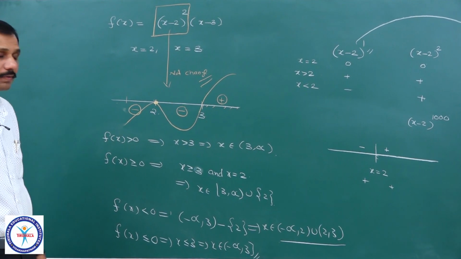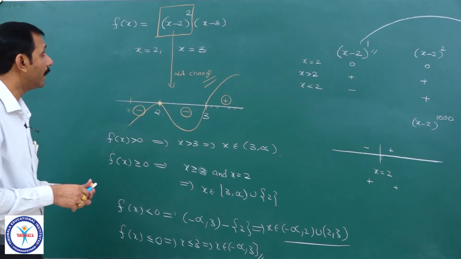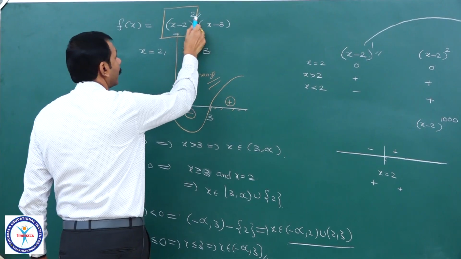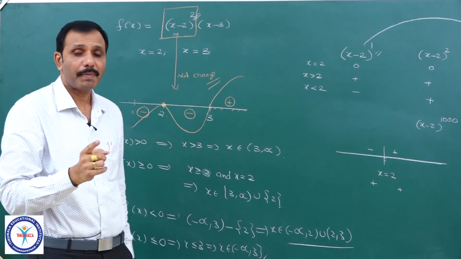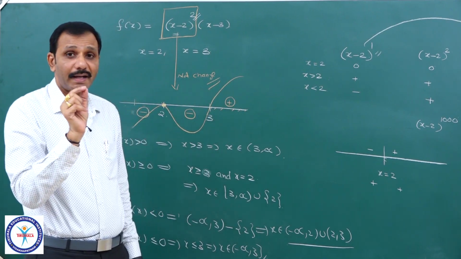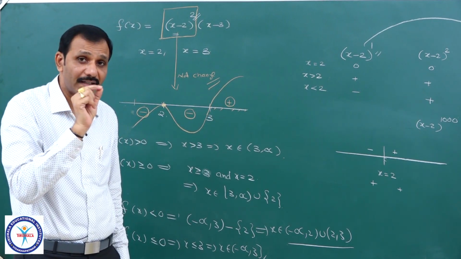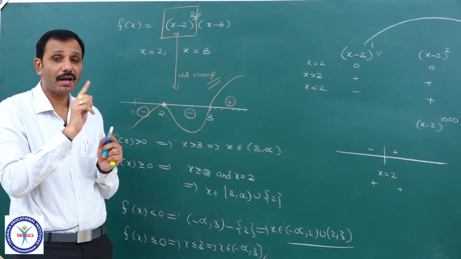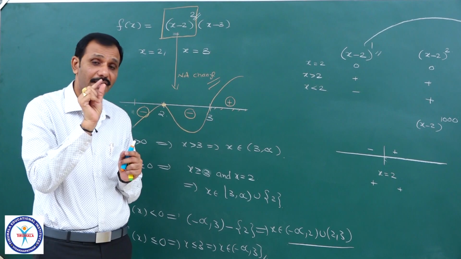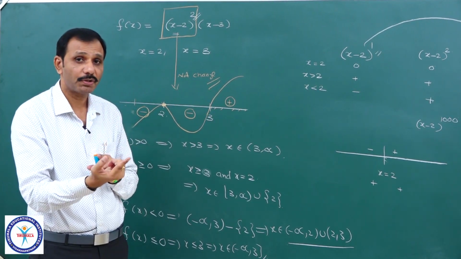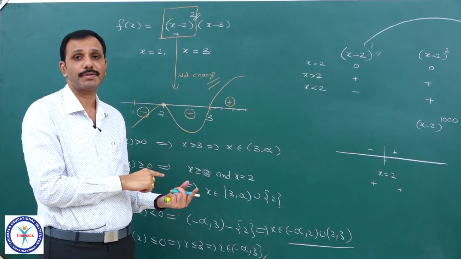Hope you understood this one. I have explained what will happen when the power of a linear factor is even. Power of linear factor even means at x equal to 2, the sign of that expression at that 0 will not change. Suppose the right side is positive, then the left side will also be positive.